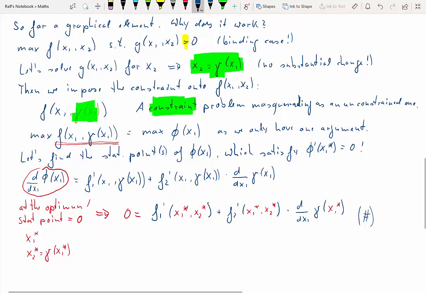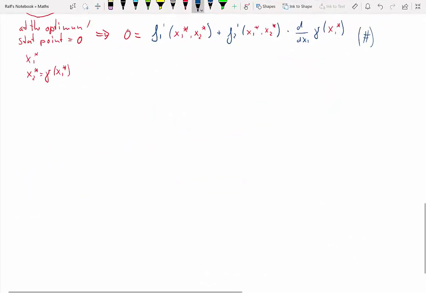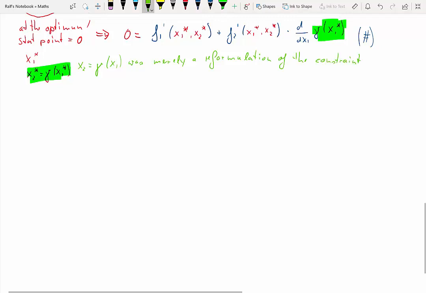Let's call this equation the hash equation, and we're going to continue on from here. Let's just create a bit more space. We now ought to recognize that of course gamma x1 asterisk is nothing else but x2 asterisk, the x2 value at the optimum. And remember, that's at the constraint optimum because we imposed the constraint. So gamma x1 was really just this reformulation of the constraint equation.